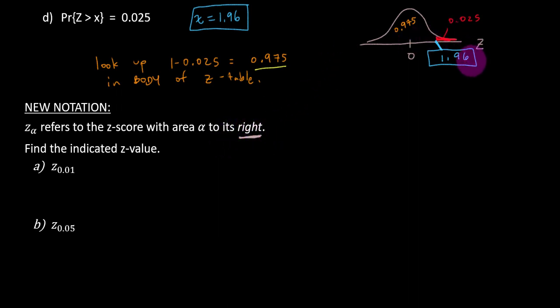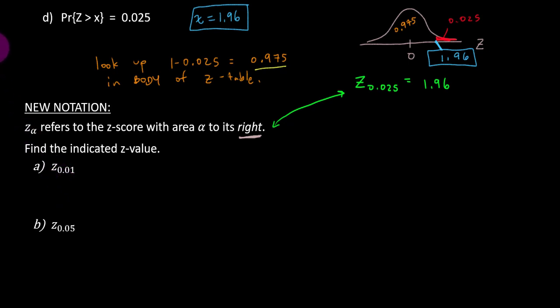That's essentially what we kind of just did here. Another way that we could have represented this previous work would have been as z.025. That was the area in the right tail, and we found the corresponding value, the tick mark, 1.96. So we know what this notation is asking and how to figure it out. We just will have to get accustomed to this new way of writing it.